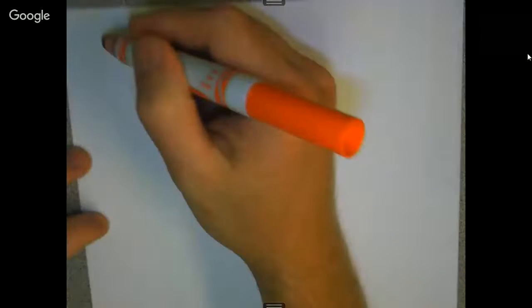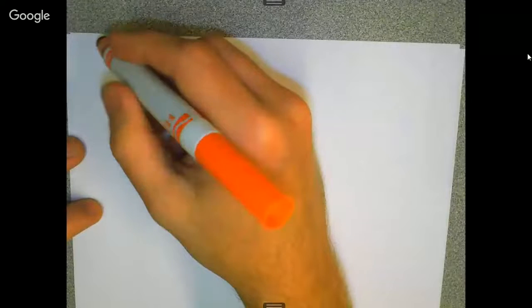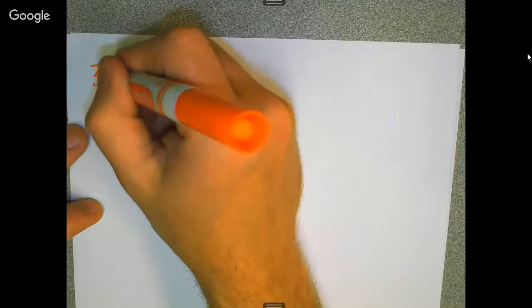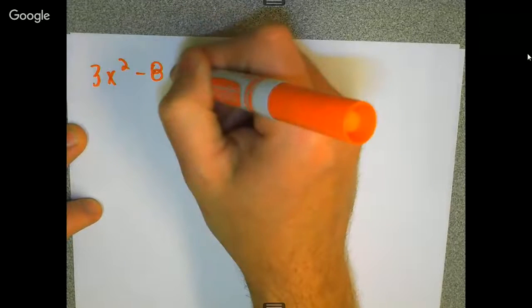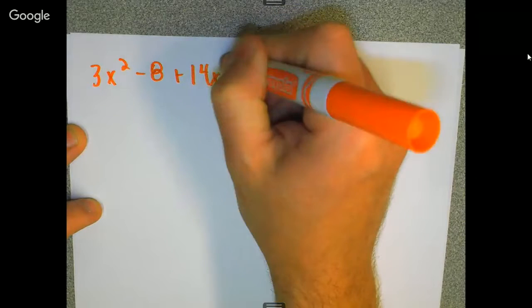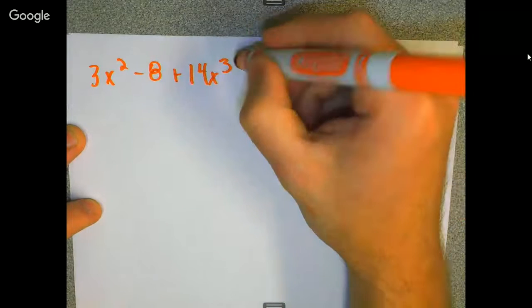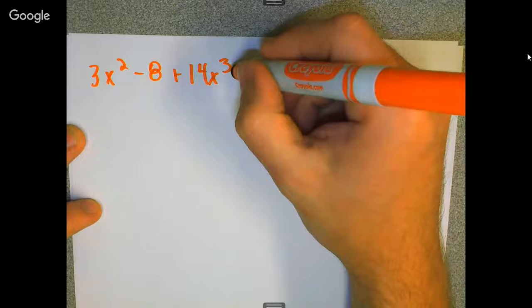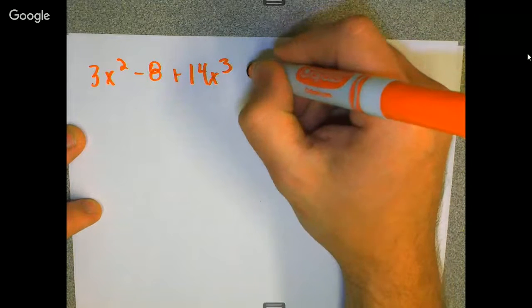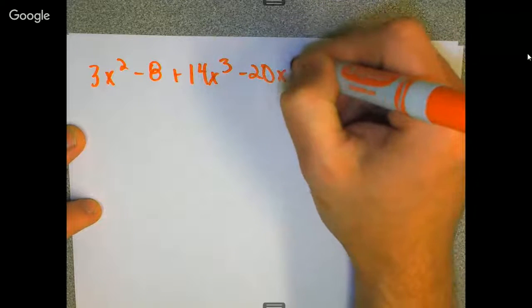All right, for those of you remaining, we're just going to look at some quick examples here. So let's start with this one. This is 3x squared minus 8 plus 14x third minus 20x to the 8th plus x.